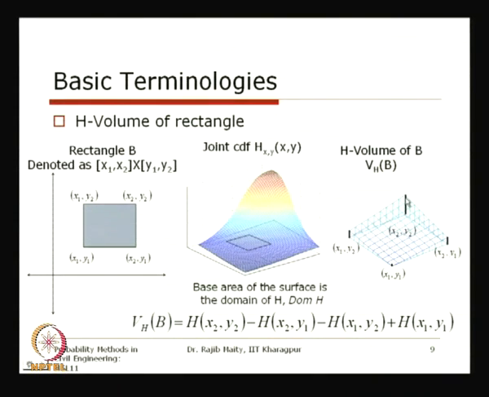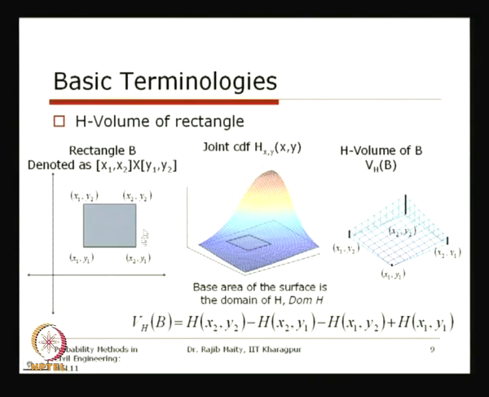So now the h volume of this rectangle is this height minus this height minus this one plus this height at (x1, y1).